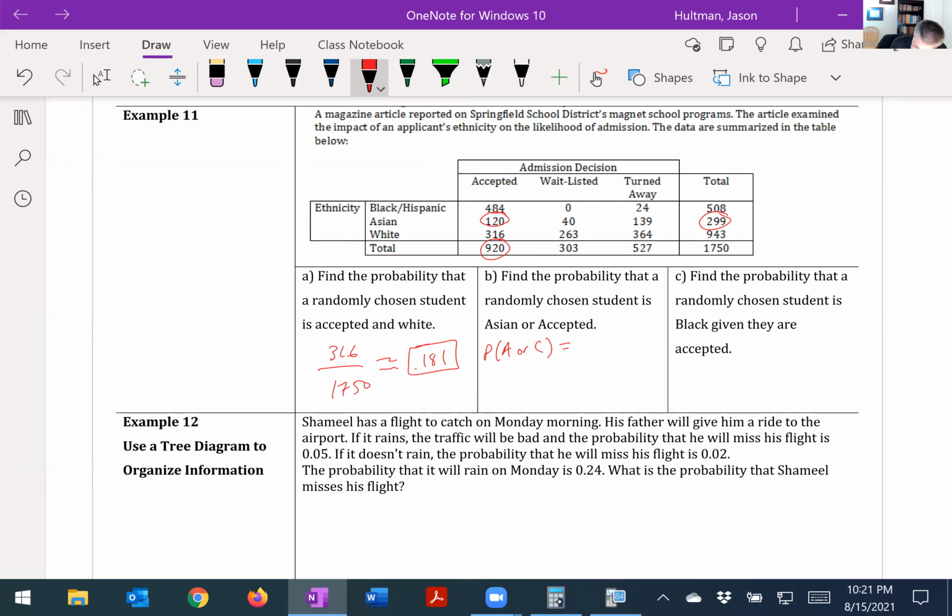I'm just going to let C be accepted. Asian or accepted is the probability of Asian, plus the probability of accepted, minus the probability of both.